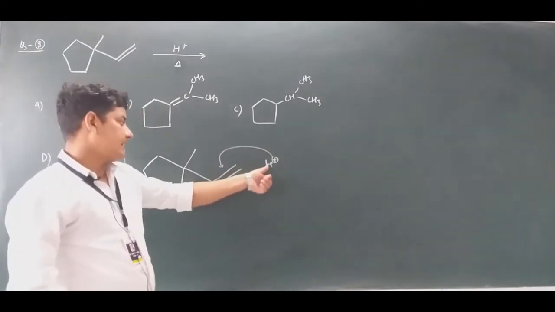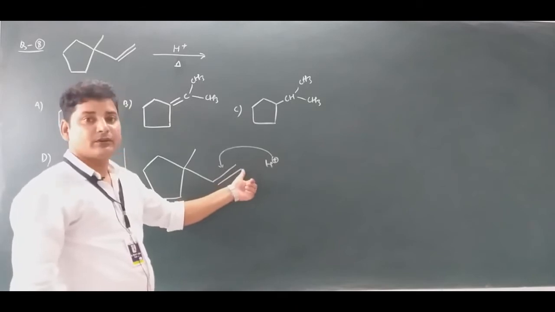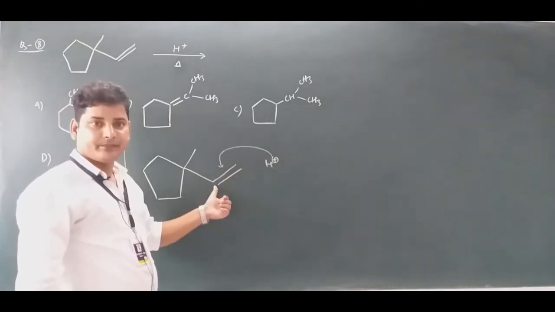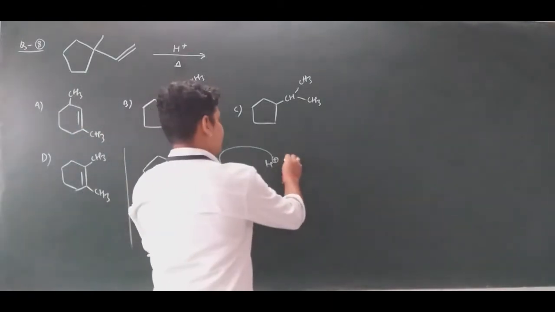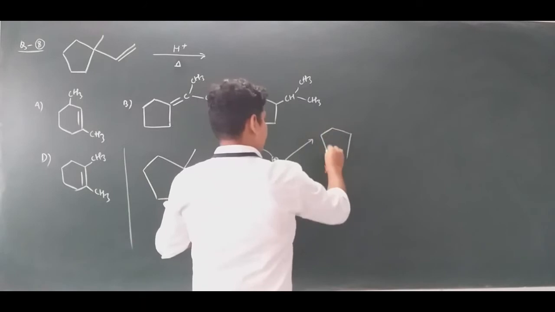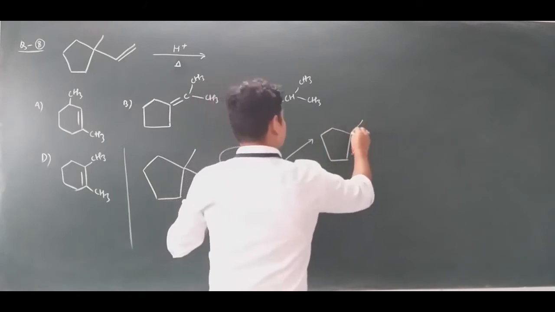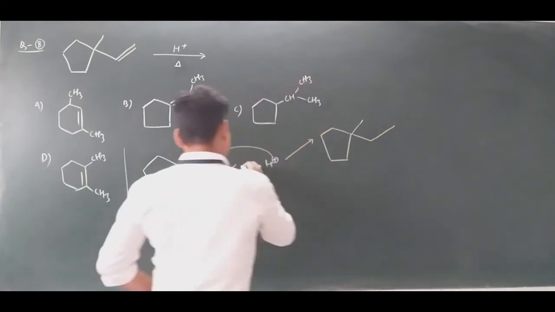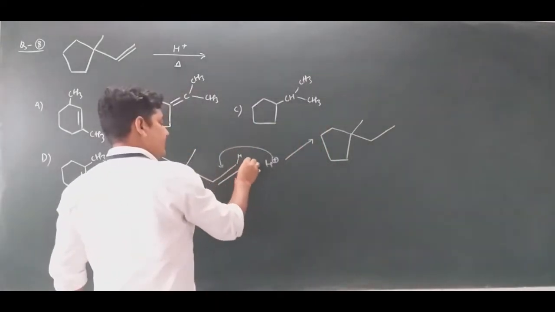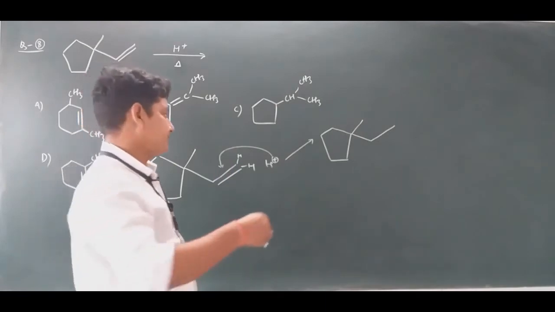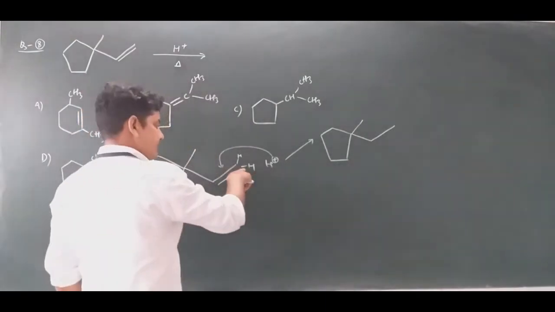Suppose this H plus is attached in the form of H here, then a plus charge will arise here. There are two hidden H here, we have to understand it.